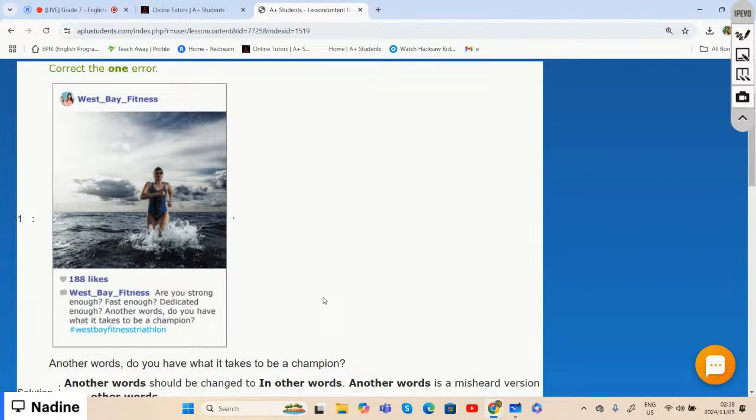All right. If we were to correct our one error, the error is "another words." Because now they're asking you, are you strong enough? Are you fast enough? Dedicated enough? Meaning, do you have what it takes to be a champion? But we don't say "another words." We must say "in other words."